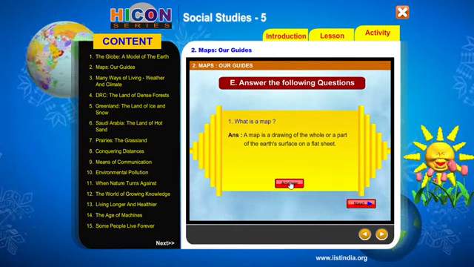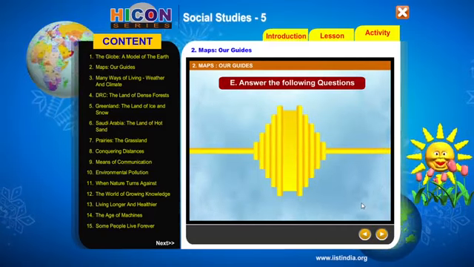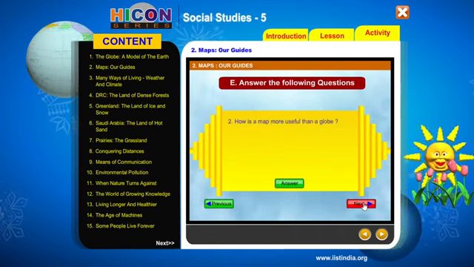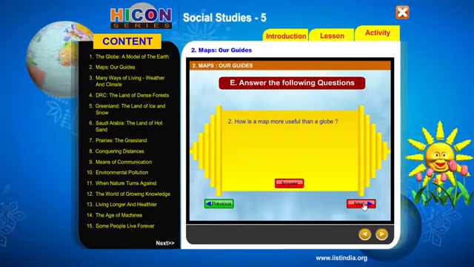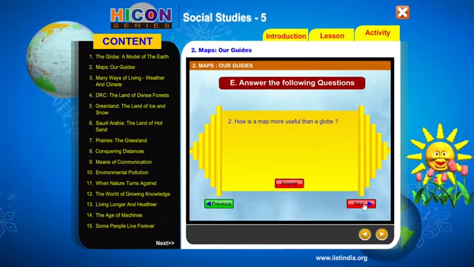Now, the second one. How is a map more useful than a globe? So globe actually represents the shape of the earth also in it, but the map is more of a flat surfaced one, isn't it?